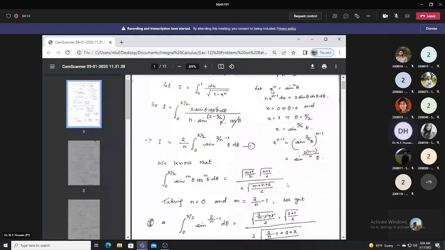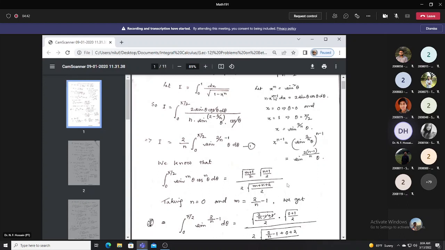When x equals 1, 1 to the power n is 1, so sine theta is 1, that means theta equals pi by 2. And from this substitution, x to the power n equals sine square theta, so x should be equal to sine to the power 2 by n theta. And here you see dx equals 2 sine theta cos theta d theta divided by n into x to the power n minus 1.